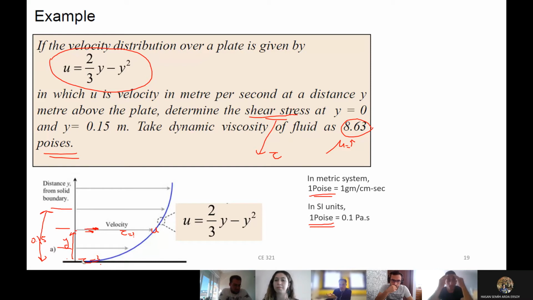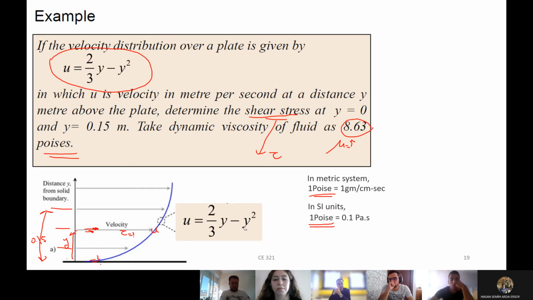You don't agree? Look, what is the amount of velocity? This is the velocity curve. When you put y equals 0, what is the amount of velocity? Put 0 here: 2 over 3 times 0 is 0, minus 0, 0. This is called the no-slip condition, and in the motion of fluid over a plate or within a pipe, always around the wall, we say that the no-slip condition governs and velocity is 0 there.